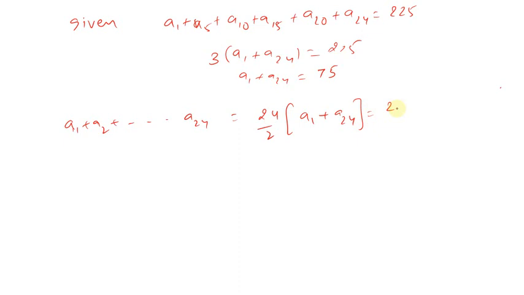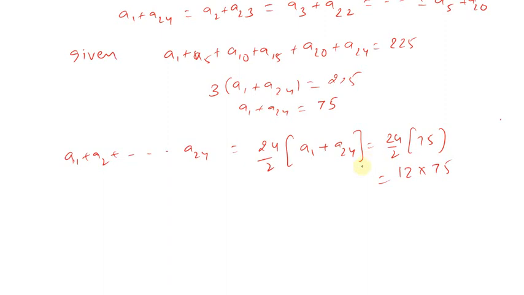So this is 24 by 2 into this, already we got 75, am I right? Which is equal to 12 into 75, getting 900. Okay, next, move to the next one.